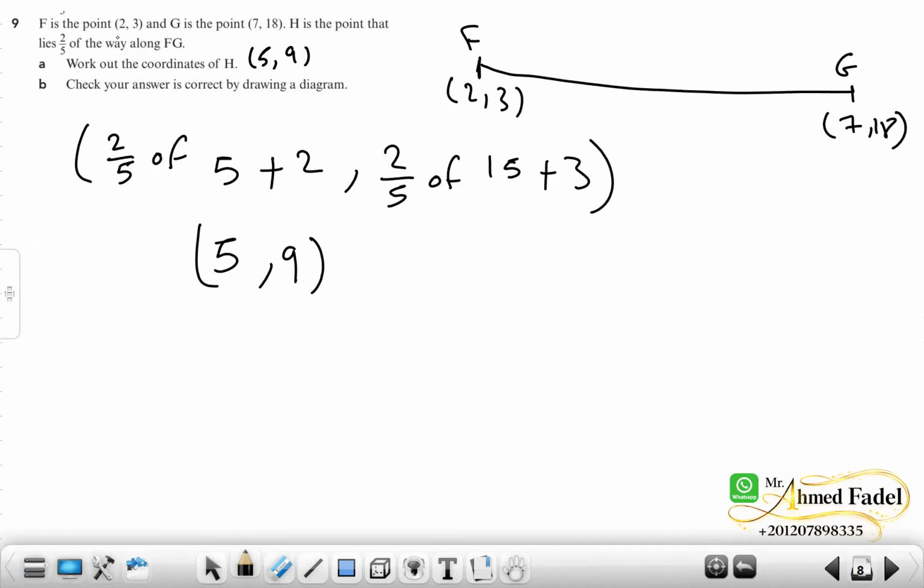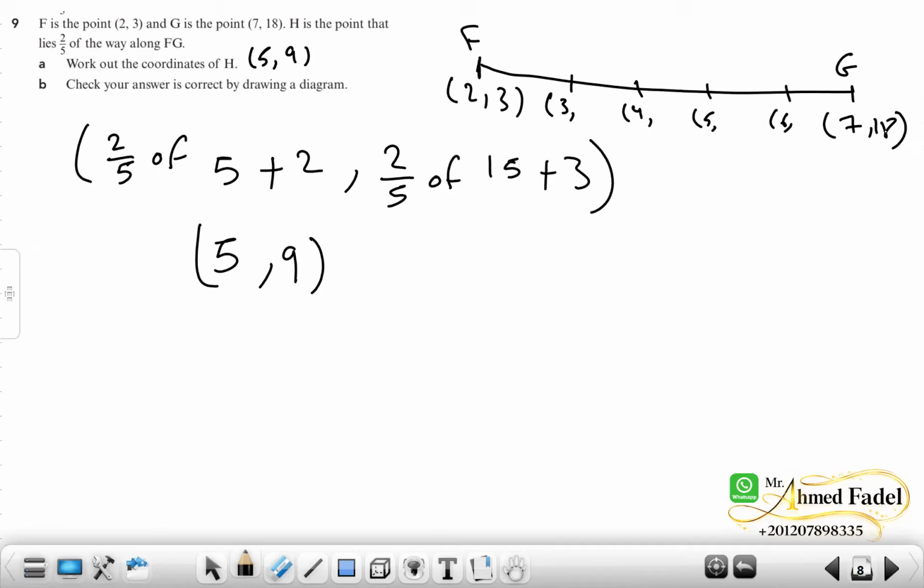If you divide it into 5 sections, because they told you 2/5, so 5 sections, here is 1, 2, 3, 4. Now I divide it into 5 sections. You can add every time what? Here from the 2 to the 7 is 5. Look at the difference from 2 to 7. I added 5. Divided by 5 sections, so every time I'm adding 1. So this is going to be 3, this is going to be 4, this is going to be 5, this is going to be 6.